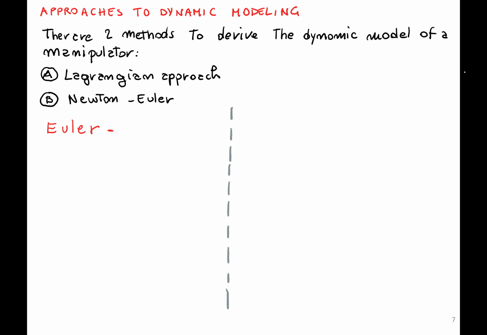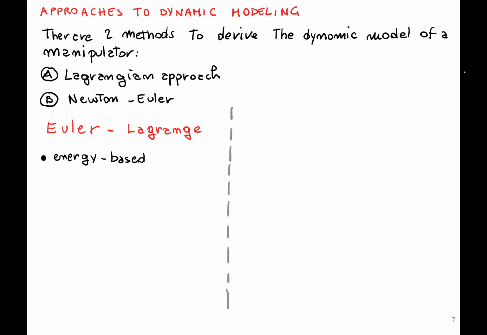Then, of these two approaches, one is the Lagrangian approach, called Euler-Lagrange, and the other one is Newton-Euler. So Euler did a big job in those years and helped in both. He was a great mathematician and helped in both approaches. The first one, Euler-Lagrange, is energy-based.